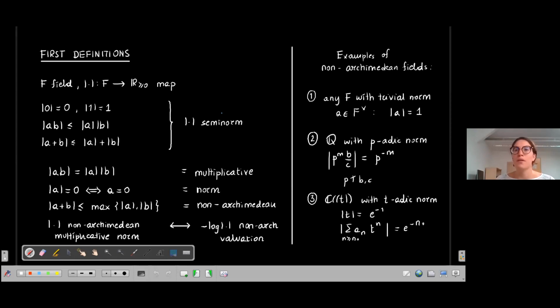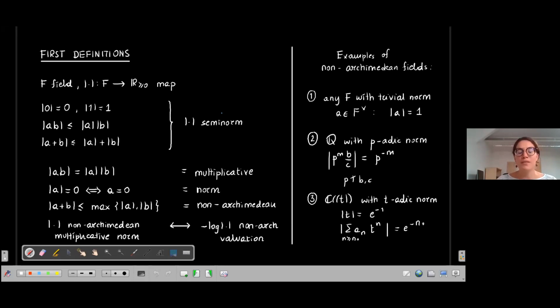So just keep in mind we're working with the same object. And for today, I think it's better if we keep the multiplicative notation, so we work with norms. The reason is that now that we've fixed our field, and in particular a non-Archimedean norm, we also want to study the metric associated to this map, okay?